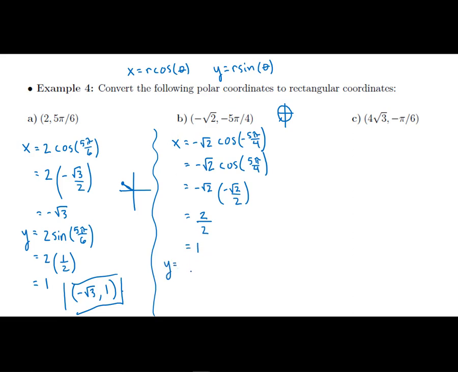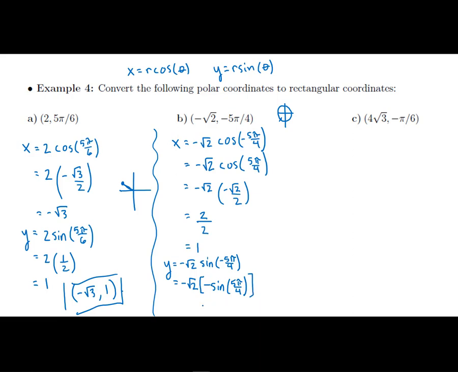And then y is equal to negative root 2 sine of negative 5 pi over 4. But that's going to be times, remember the sine of a negative is going to be the negative of the sine of the positive value, using that symmetry.